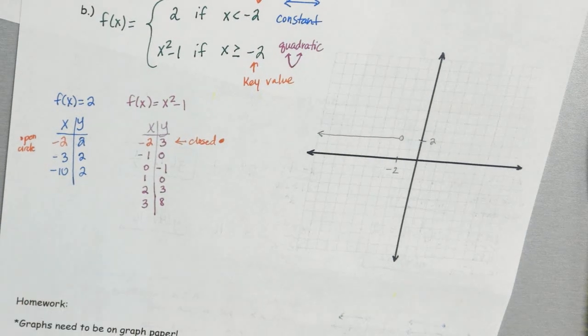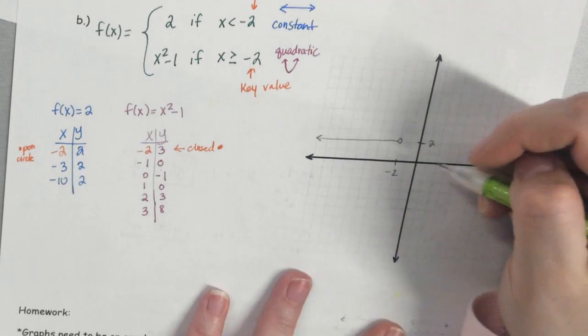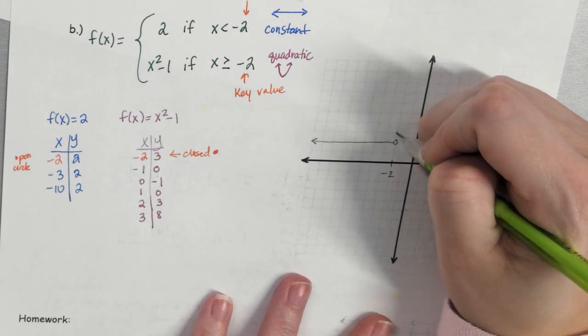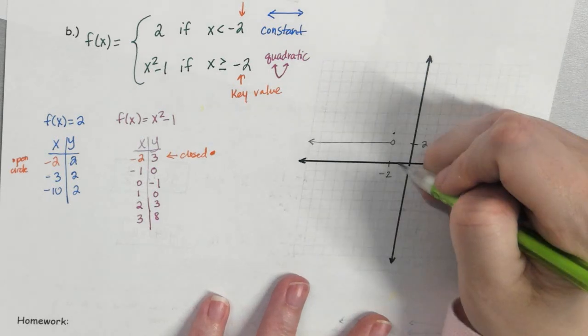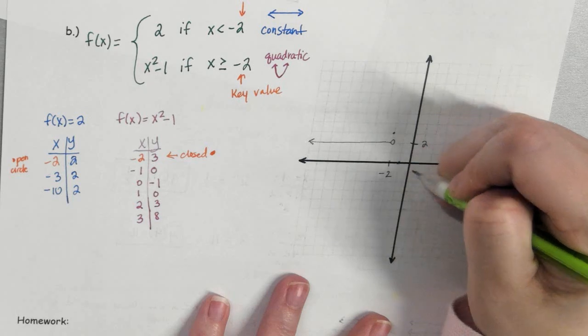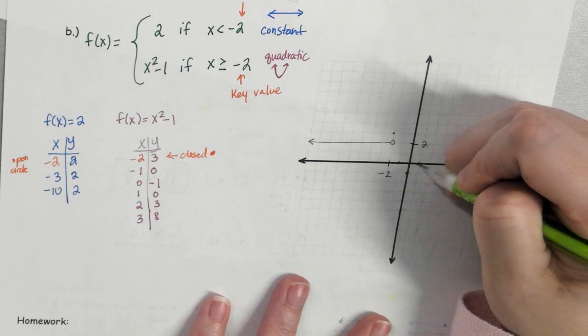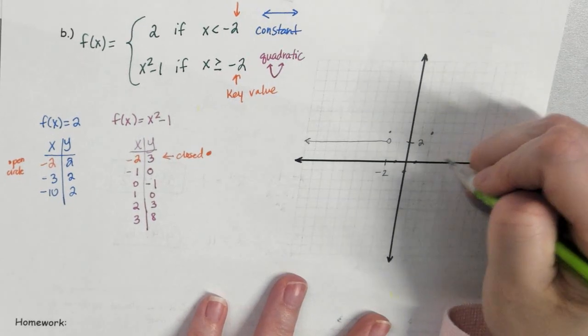Okay, so all of those are going to be on my graph. Again, the quadratic is symmetric. So now I'm at 3, so I have a point right here. At negative 1, I'm at 0. At 0, I'm at negative 1. And remember, these are symmetric. So at 2, I should be at the same place.